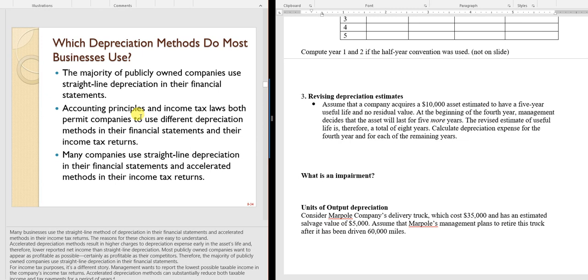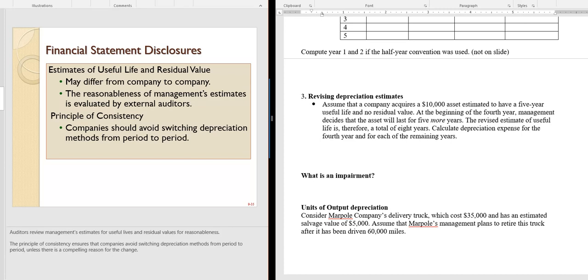There's a different depreciation even allowed in tax laws that allow you to write off big chunks of it. This is just a choice that businesses made, so you will have to be told what they use. So notice many companies use straight line depreciation in their financial statements and accelerated methods in their tax return.